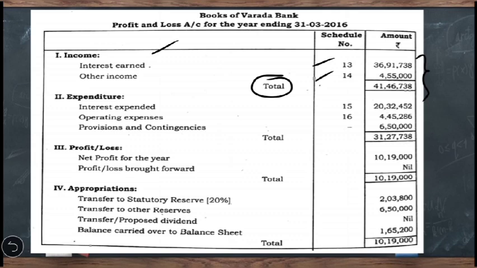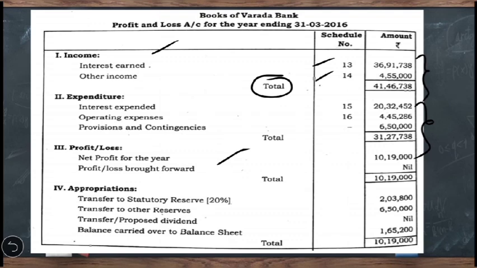That total comes to 6,50,000. Now total of 15, 16 and provisions and contingencies comes to 31,27,738. Here again, if you make the comparison, total income is more than the total expenditure. So if you deduct the expenditure from the income, you get net profit for the current year amounting to 10,19,000.